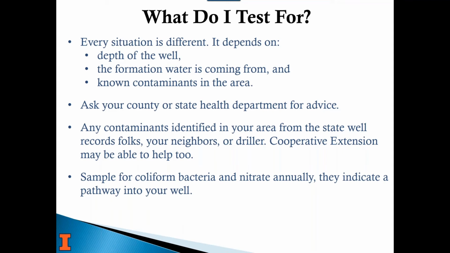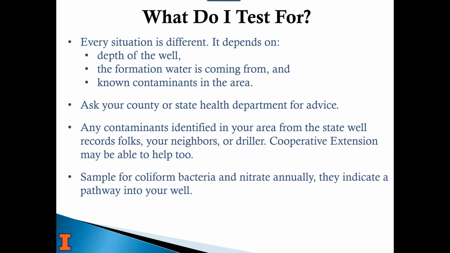There are naturally occurring bacteria in aquifers, like methanogenic bacteria or iron-reducing bacteria. Those things are harmless. They don't have health effects, and so they're not considered in this discussion, so to speak. But the reason you test for coliform and nitrate is because if they got in your well, that means there's a pathway.